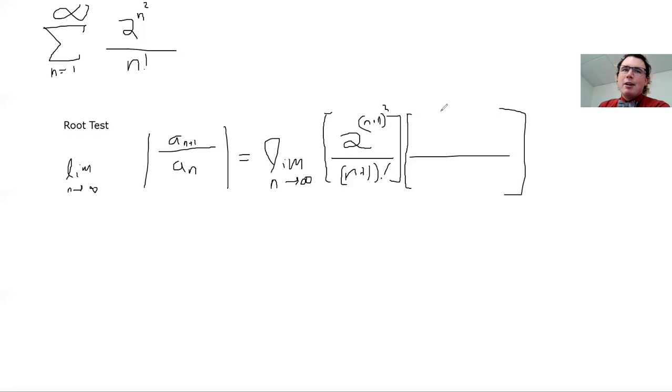What am I going to do over here? Well, I'm supposed to be dividing. I'm dividing one fraction by another, so I'm going to multiply by the reciprocal of that fraction instead. Saves me a little bit of scratch work. The denominator now is going to be 2 to the power n squared, and the numerator is going to be n factorial. So let's see what happens.